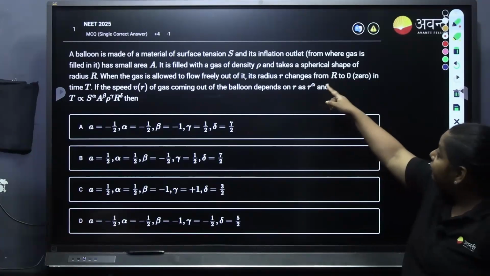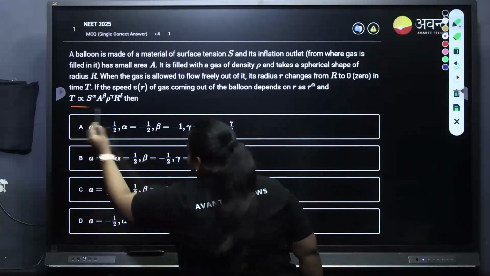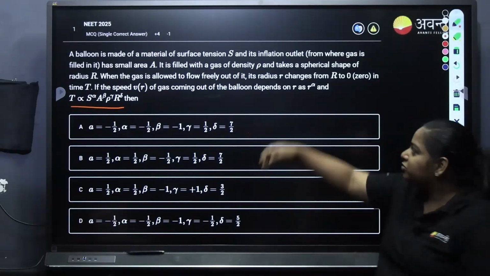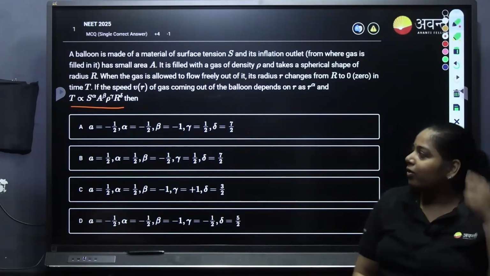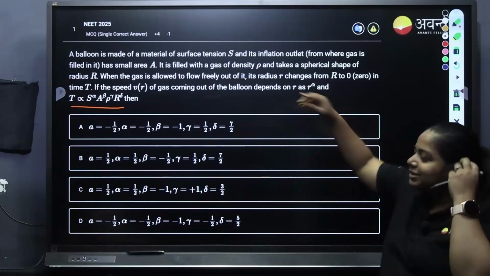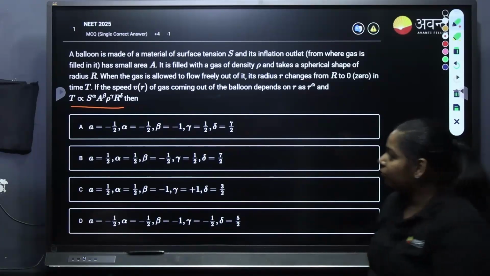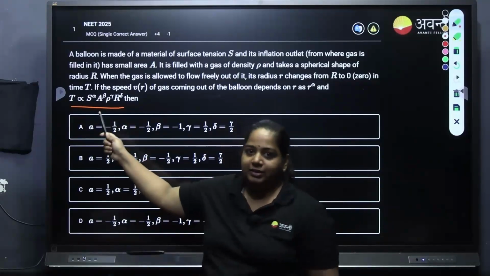But when you read it completely, you will come to this point. From that you can understand that the rest of the question you don't need. We need only that formula. All these other things they simply gave to confuse us, to make us panic. What they are asking is T is proportional to these quantities.